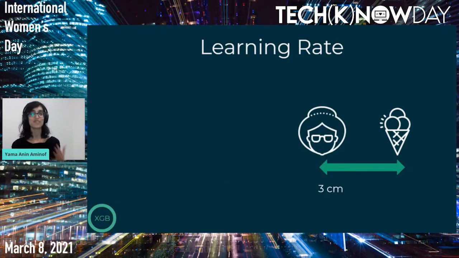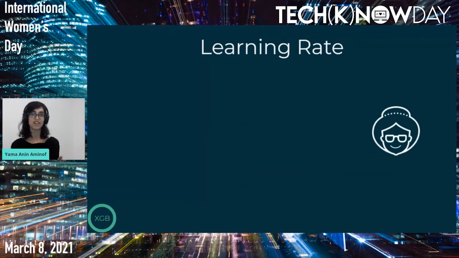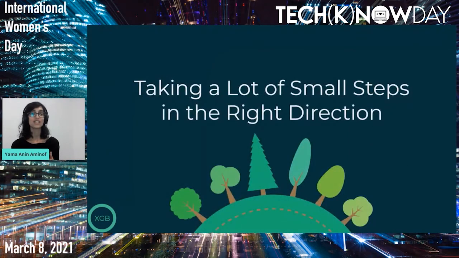And of course, if my step size is 1 centimeter long, then I can get exactly to where the ice cream is and eat all of it. Just like in life, we can improve tremendously by taking a lot of small steps towards our goals. And it's not just inspirational, it results in lower variance, so we'll perform better on different datasets.